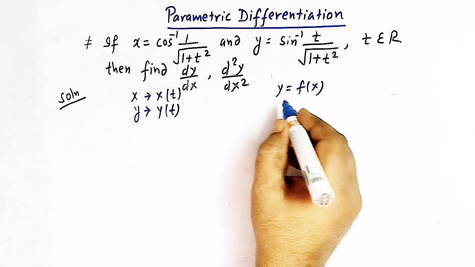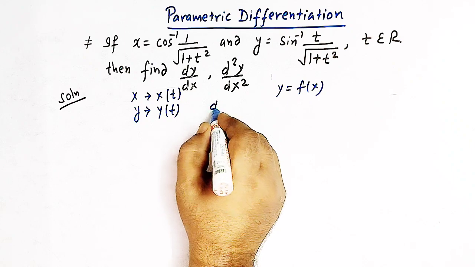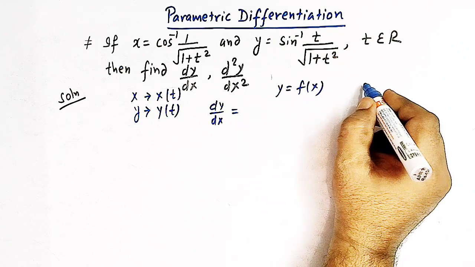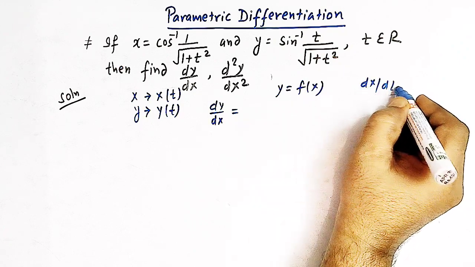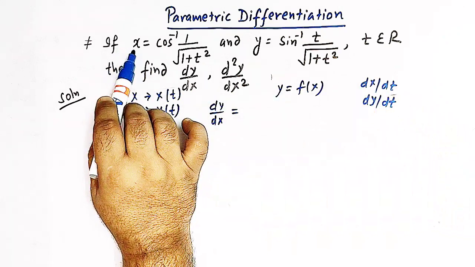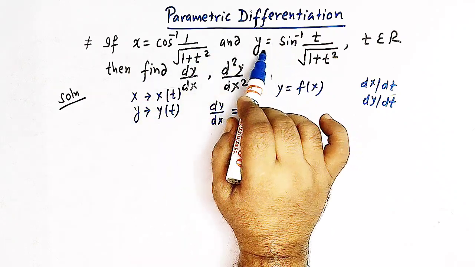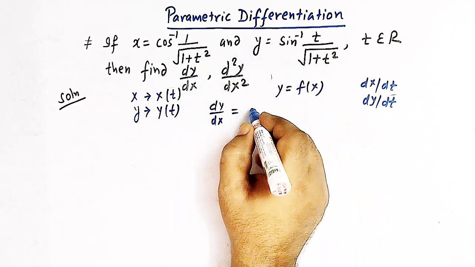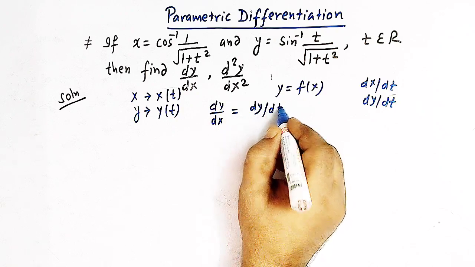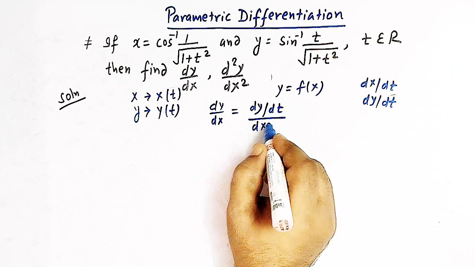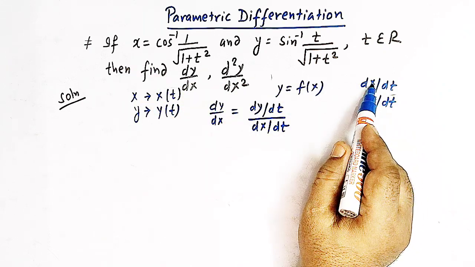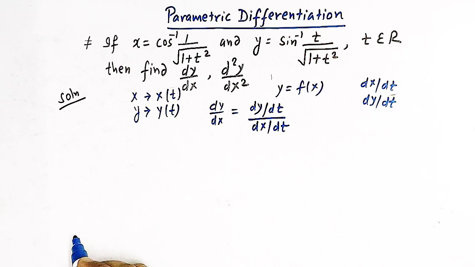To get the value of dy over dx, we first find dx over dt and then dy over dt. Then we find dy over dx by dividing dy over dt by dx over dt. So the first objective is to get the derivative of x and y with respect to t.